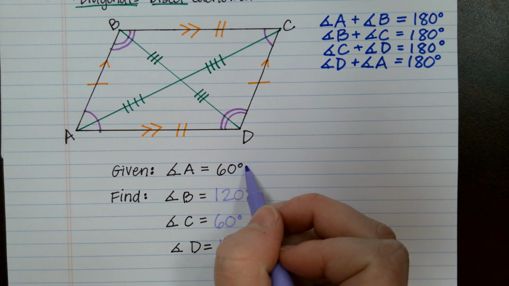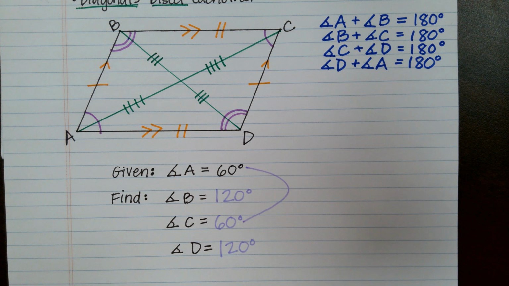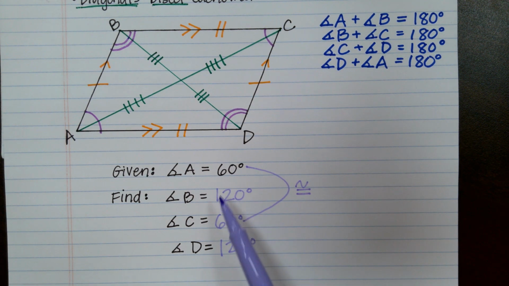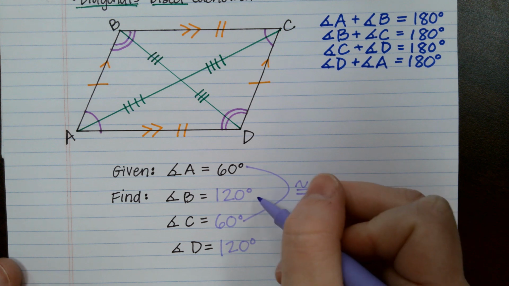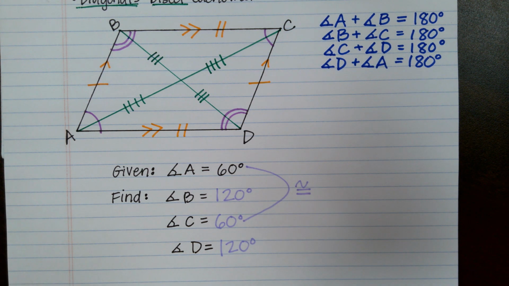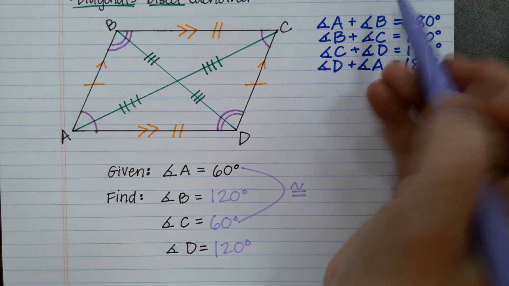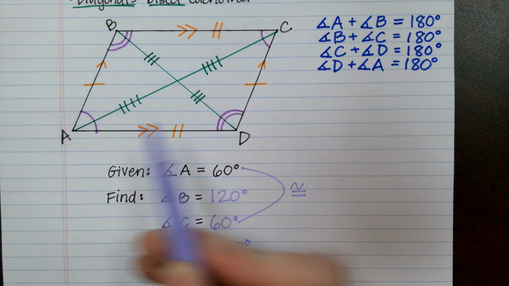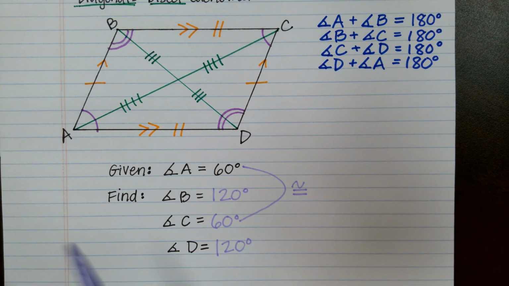So we knew that A and C were the same because they're congruent. And to find B and D, first of all, they are the same. They're congruent because they're opposite angles. But we could use these formulas up here. Since consecutive angles are supplementary, they add up to 180 degrees.